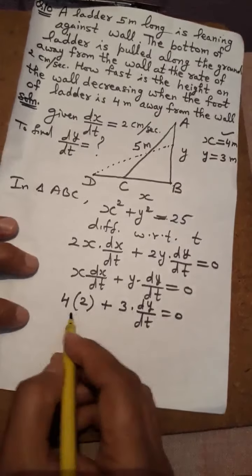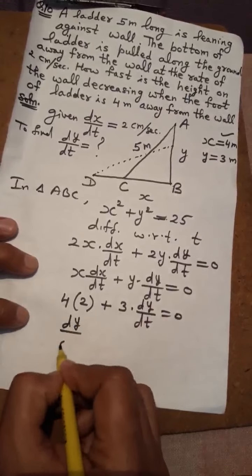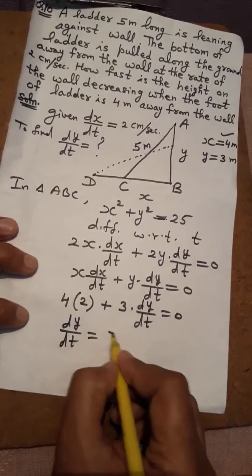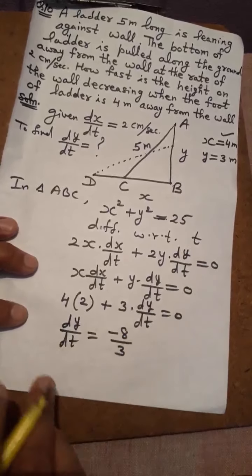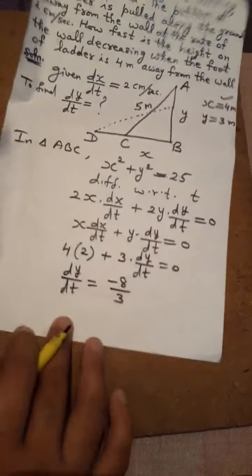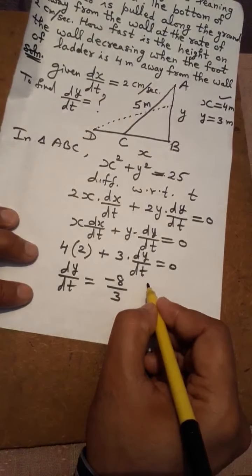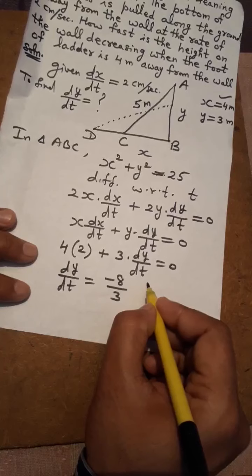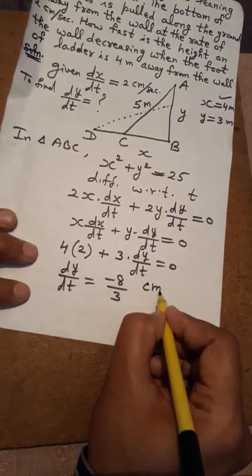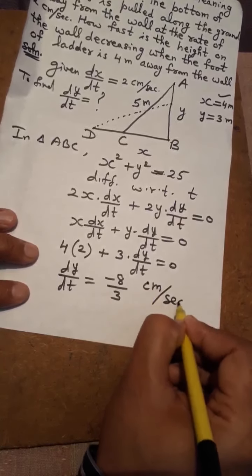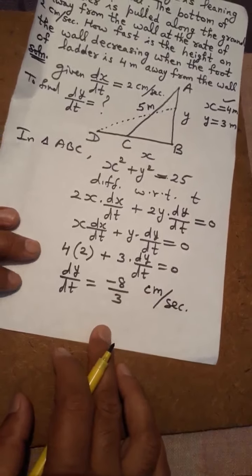So from this we have dy over dt equal to minus 8 by 3, and what is the unit of this rate? That is centimeter per second, right?